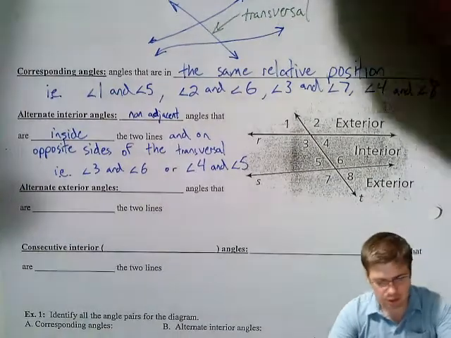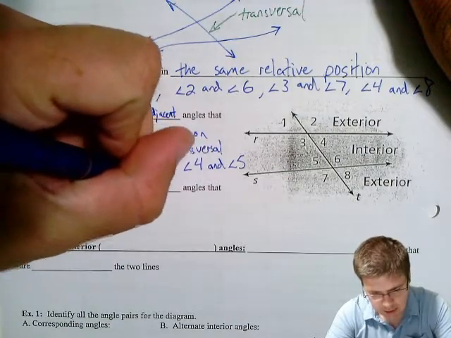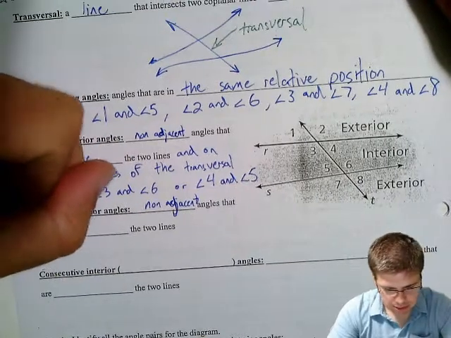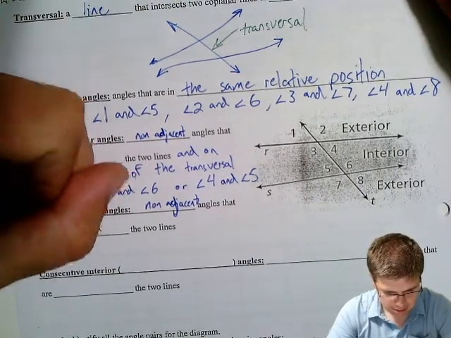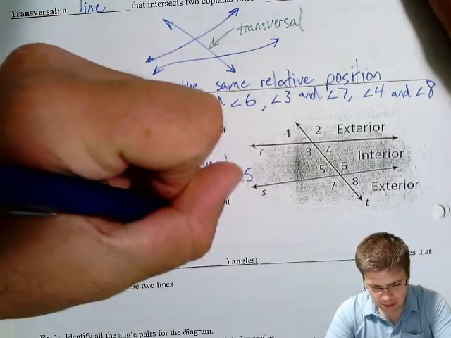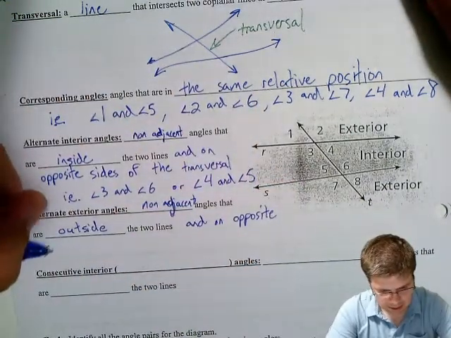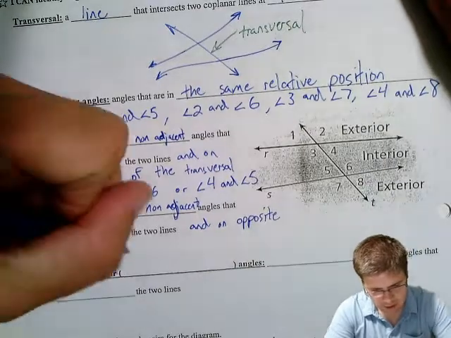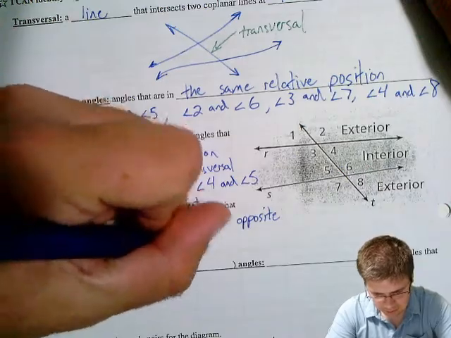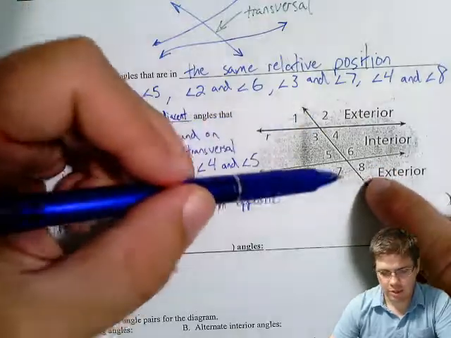Alternate exterior angles, you might be able to guess. They are non-adjacent angles that are outside the two lines and on opposite sides of the transversal. So we want the outside this time, so we're talking about 1, 2, 7, and 8.